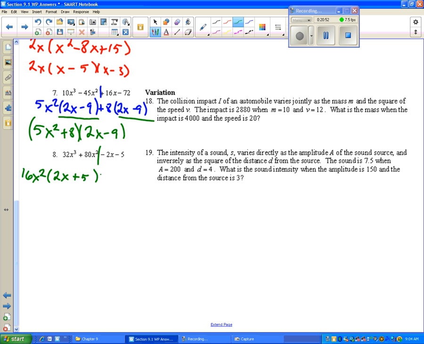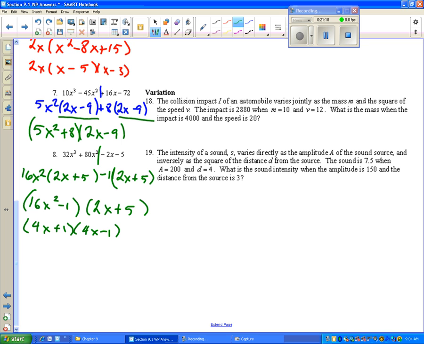Here, I'm going to factor out a negative 1, which is going to leave 2x plus 5. Then I'm going to have 16x squared minus 1 times 2x plus 5. But the 16x squared minus 1 is factorable. This is going to be 4x plus 1 times 4x minus 1 times 2x plus 5.